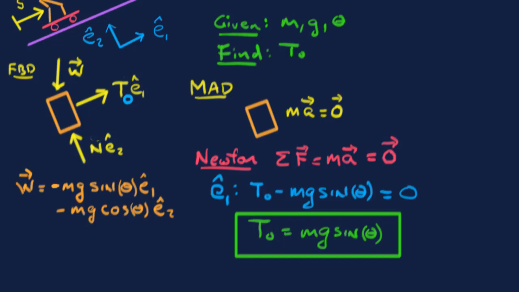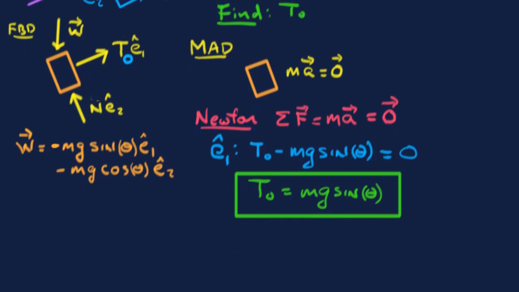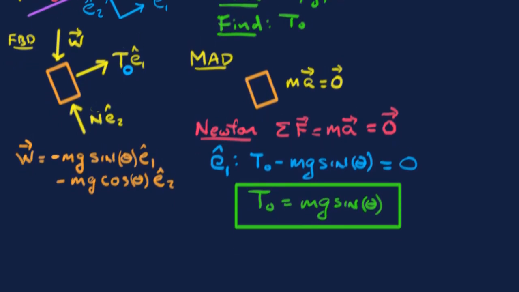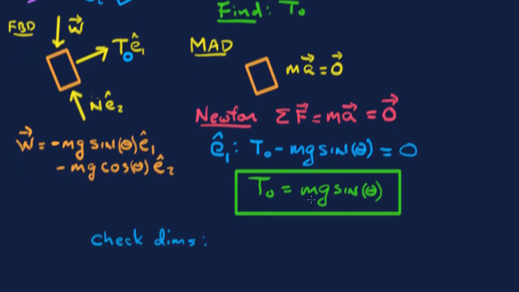Of course, before we take this as our final answer, we should do a dimension check. On the right-hand side, we've got a mass. g has units of length over time squared, and mass times length over time squared is a force, which is exactly what we want.